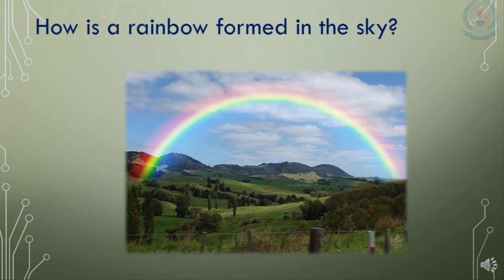So, a rainbow is formed when sunlight gets refracted in raindrops. The colors of sunlight get dispersed and a spectrum of colors is produced in the sky. That is how the rainbow you can see in the sky is formed.